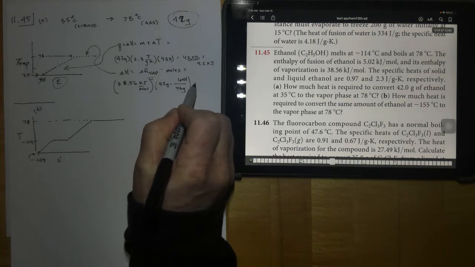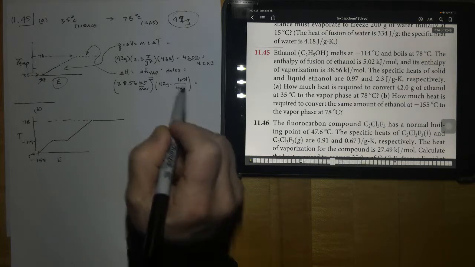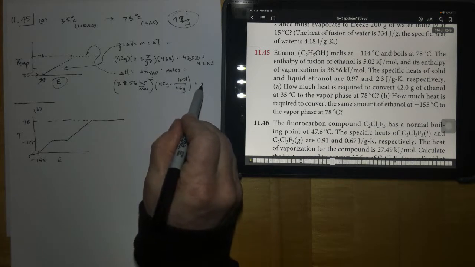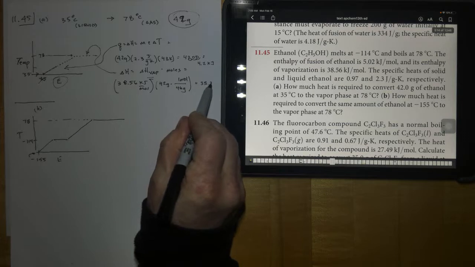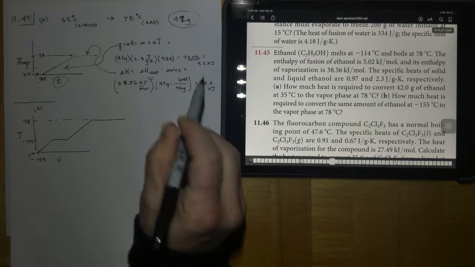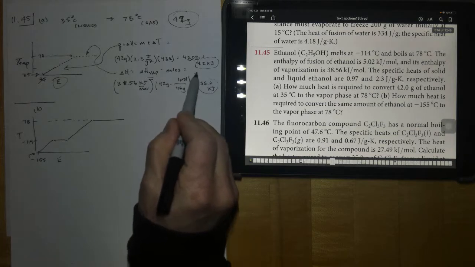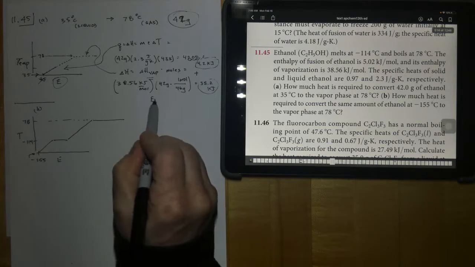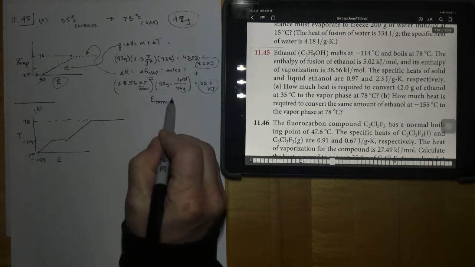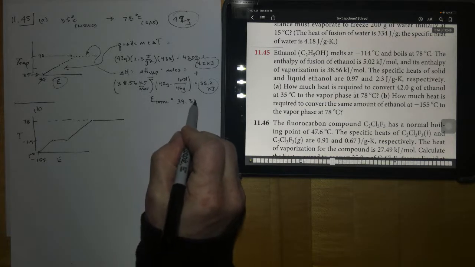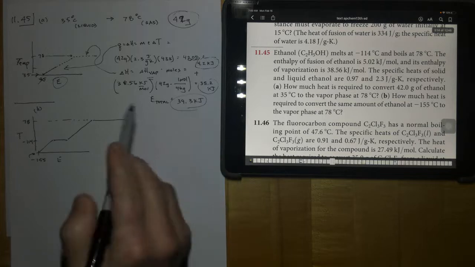Multiplying those together, we get about 35.2 kilojoules. Now we add these 2 values together to get our total energy, which would be equal to 39.3 kilojoules.